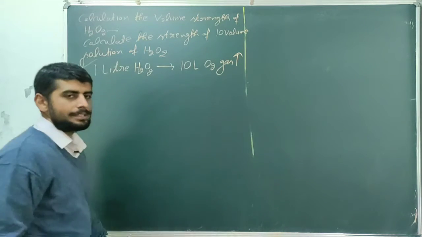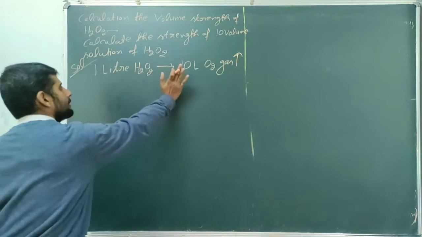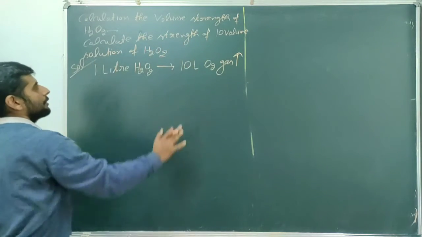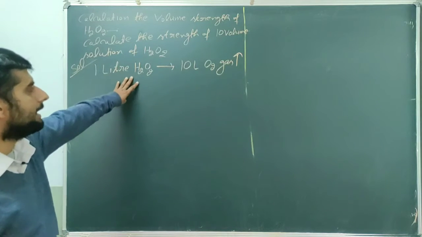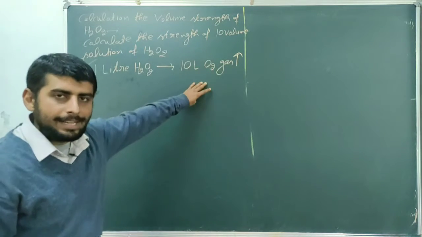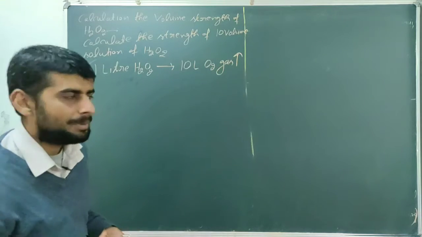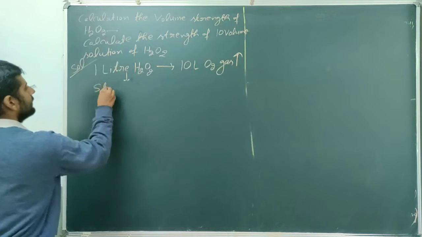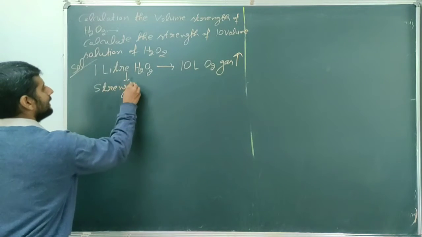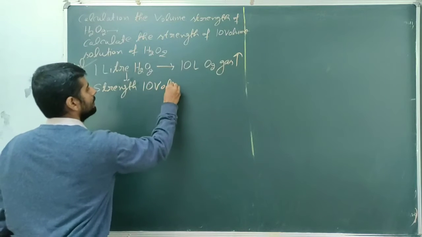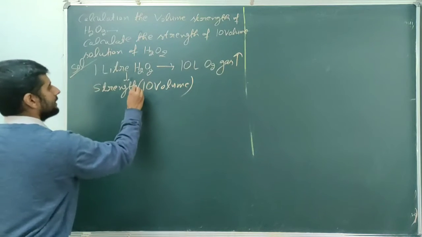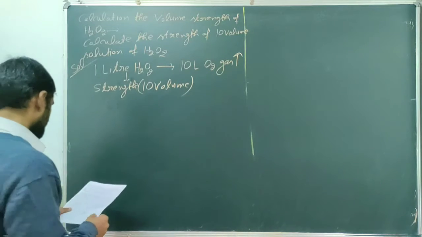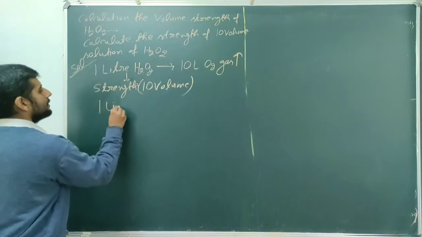The strength of a 10 volume solution of H2O2 indicates that 1 liter of H2O2 produces 10 liter of oxygen gas. So its strength is 10 volume. Clear?